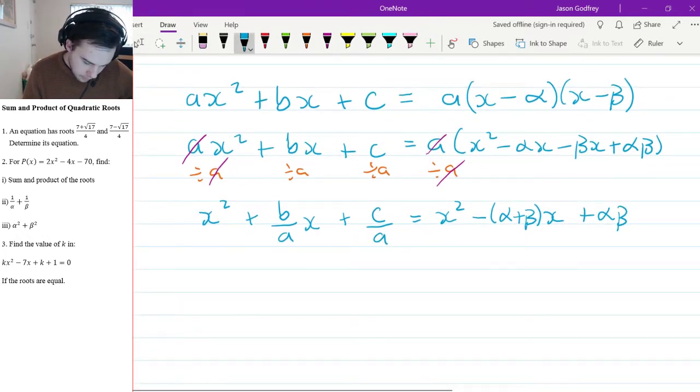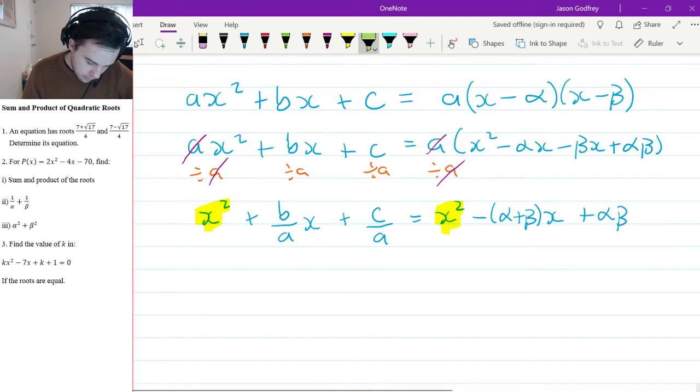Because we divided throughout by a, the left hand side was the general form of a non-monic, which we've reduced to a monic, and the right hand side is the form if we know the roots, which we've expanded out. We've got x squared equals x squared here, so we don't really need to touch that.